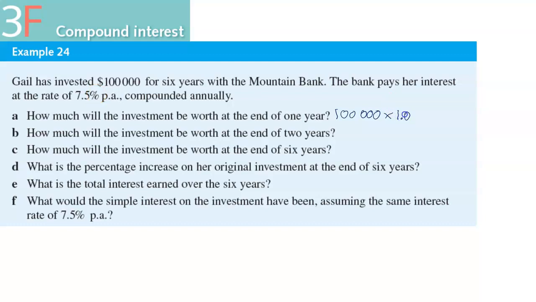That's 1.075 that we're multiplying by. So after 1 year, we have 107,500. At the end of 2 years, so again, we start with 100,000.